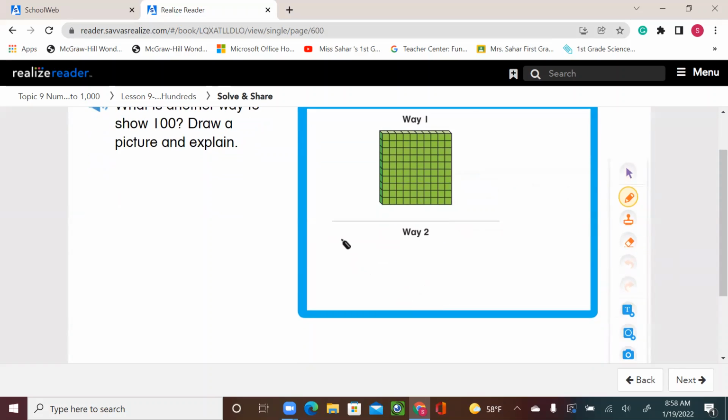If I have 10 separate rods of tens, so 1 ten, 2 tens, 3 tens, 4 tens, 5 tens, 6 tens, 7 tens, 8 tens, 9 tens, 10 tens. 10 tens give me 100. 10, 20, 30, 40, 50, 60, 70, 80, 90, 100. So that was another way to show 100.